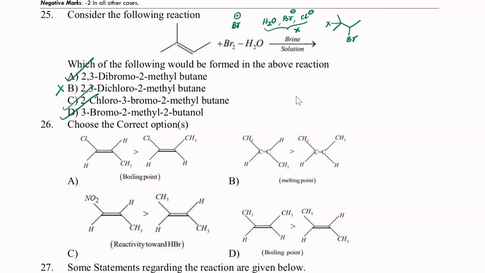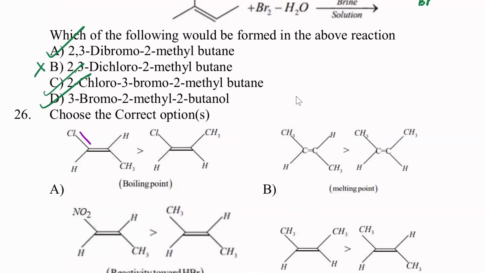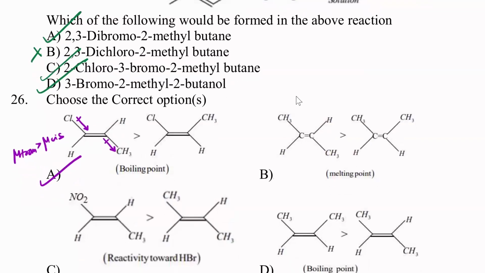Boiling point. Now notice you need to check the dipole moment. Here you can see the dipole moment goes like this, which means it is getting added. So we can say that the dipole moment of trans in this case is greater than the dipole moment of cis. So the more the dipole moment, the more the boiling point. Next, melting point. Melting point only depends on the geometry. The more symmetrical it is, the higher the melting point.